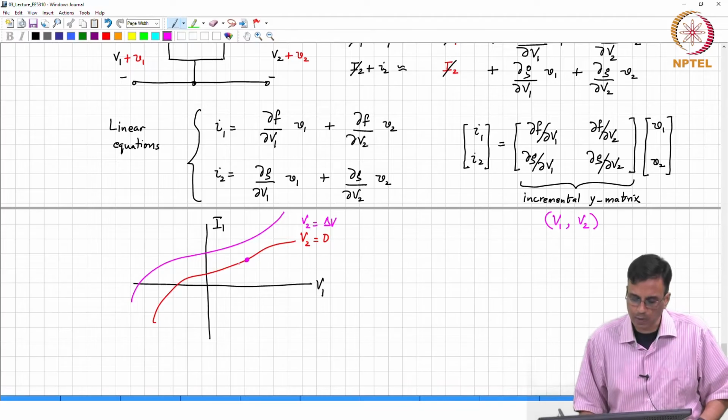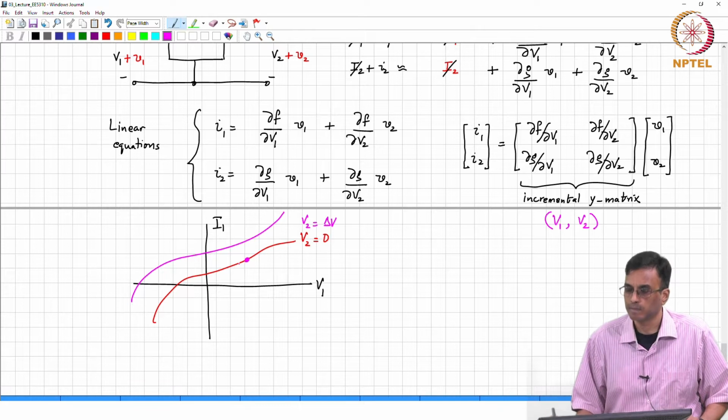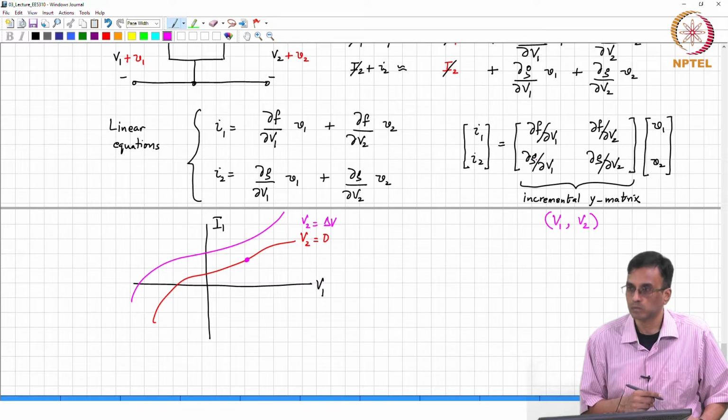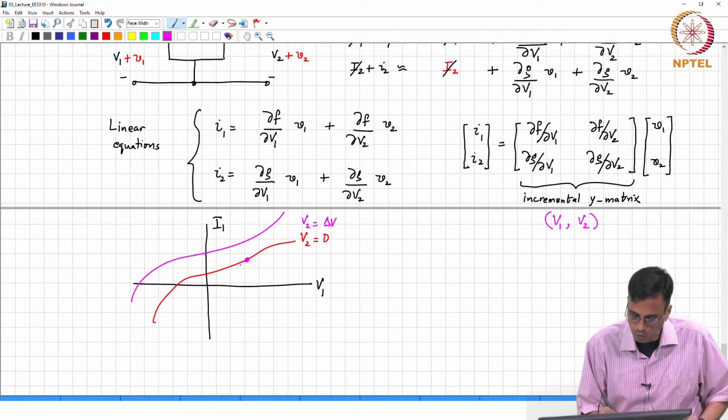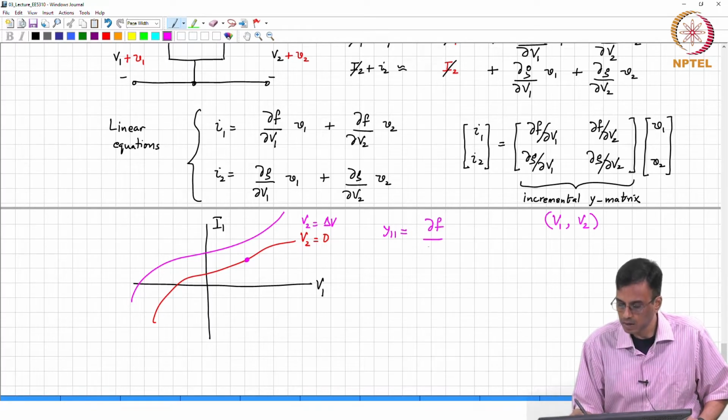So, what is y11 now? What is the incremental y11 at that operating point? The slope. Remember that the incremental y11 is nothing but dou f by dou V1.